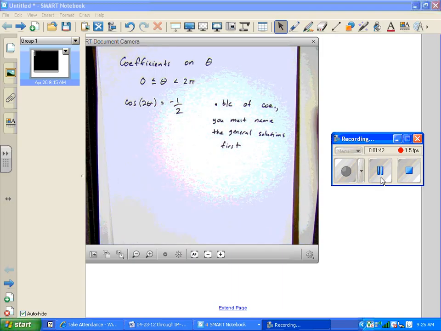Okay, so because you have a coefficient on your theta angle there, what you have to do is give the general solutions. And when I say general solutions, I mean that formula thing, the plus 2 pi k thing.